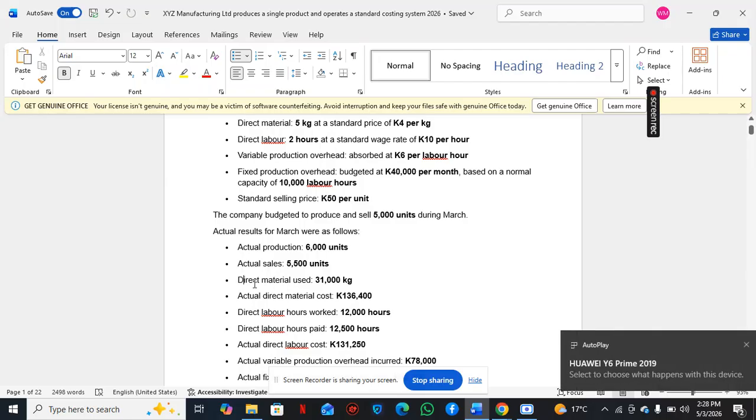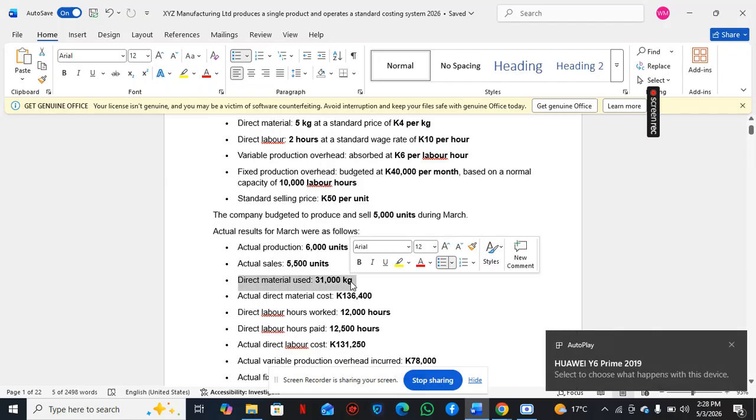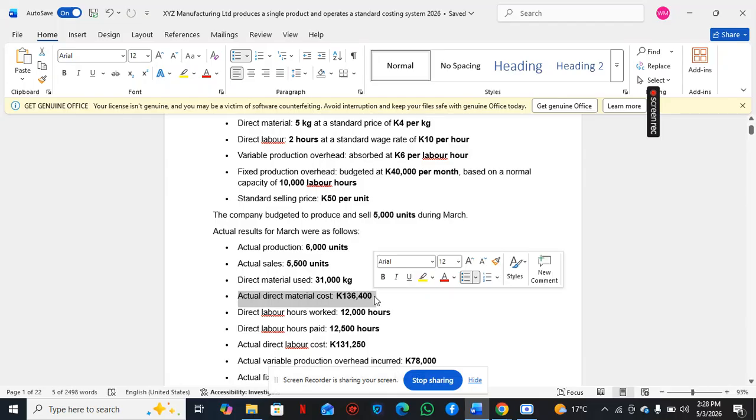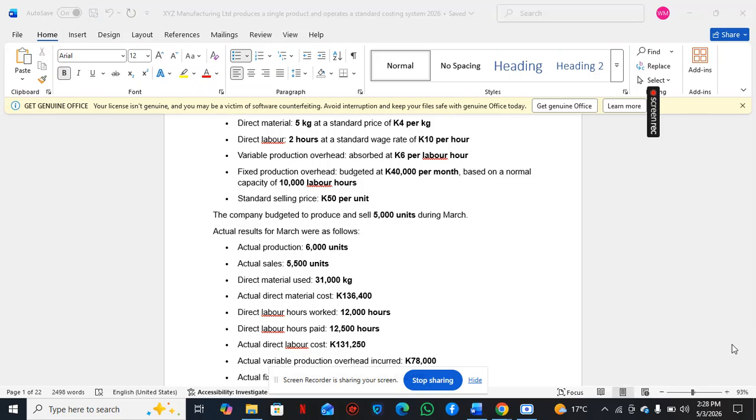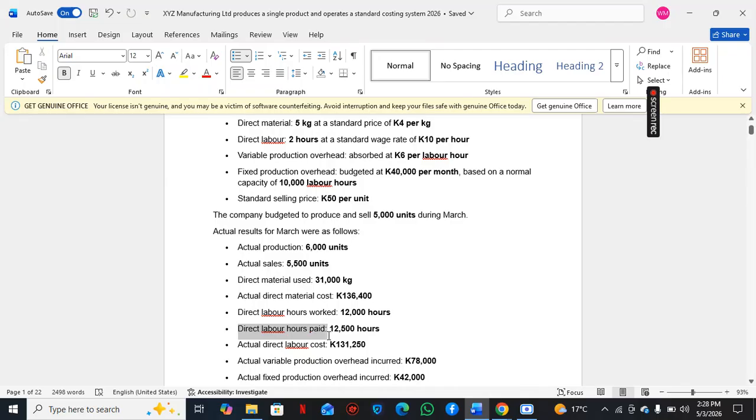Direct material used was 31,000 kg. Actual direct material cost was 136,400. Direct labor hours worked were 12,000 hours. Direct labor hours paid were 12,500.